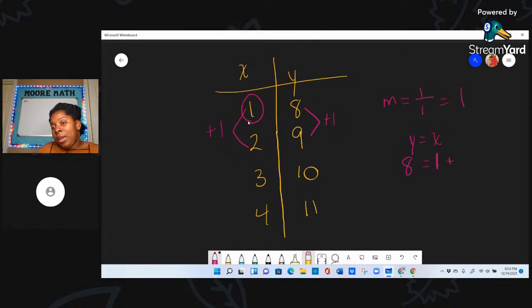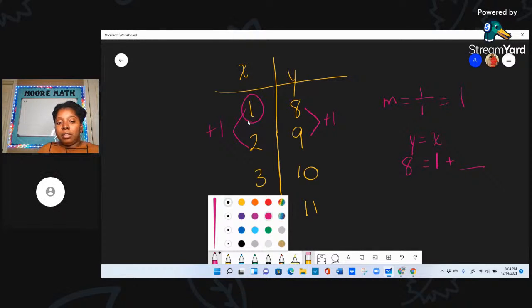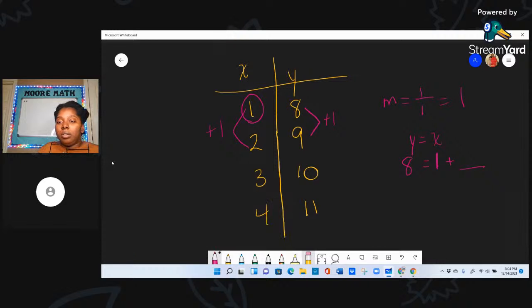Did I add or subtract something to get 8? So I'm starting at 1, and then out comes 8. We added, right? And how much did we add? 7. Good. We added 7. Okay.